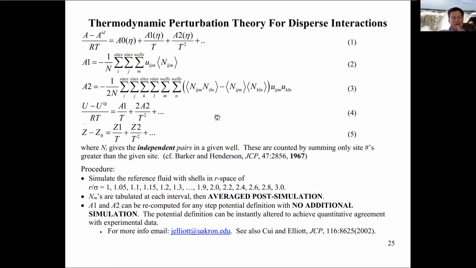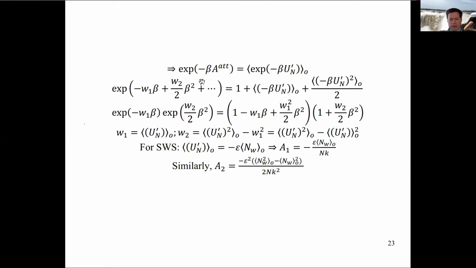One of the things that's really interesting about this is that these averages that we're computing are ensemble averages of the n. I guess maybe I skipped over that. These are fluctuations in U, but because the U for a square well fluid is basically just the number of molecules inside the well times the energy of being in the well, I can write this average energy just in terms of the number of molecules inside the well.